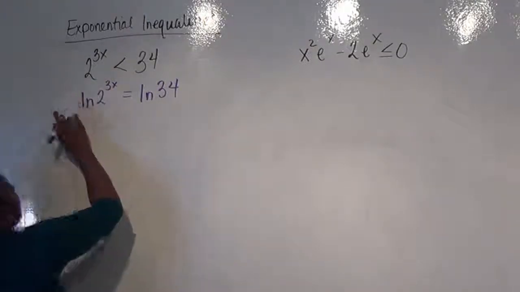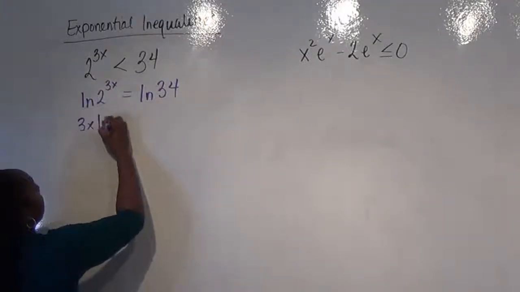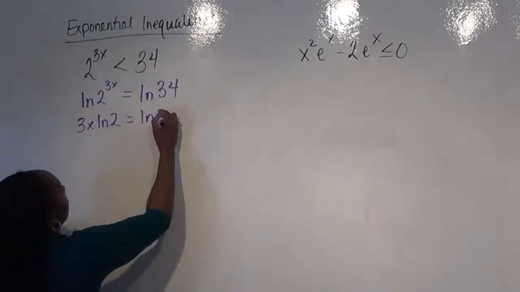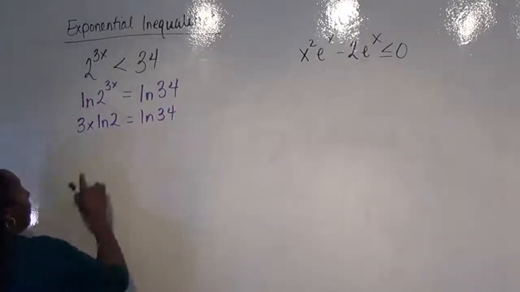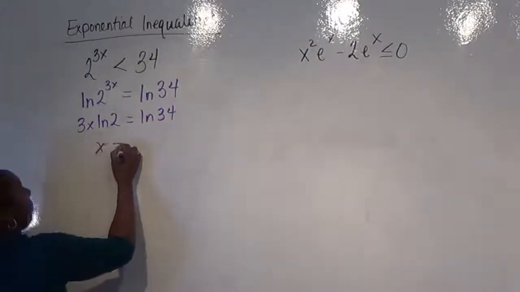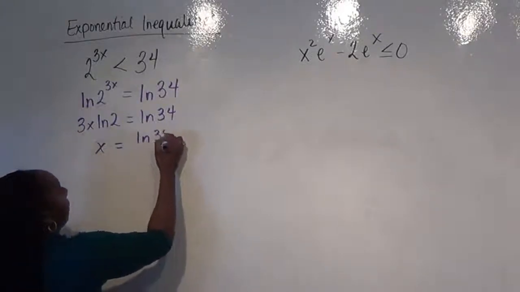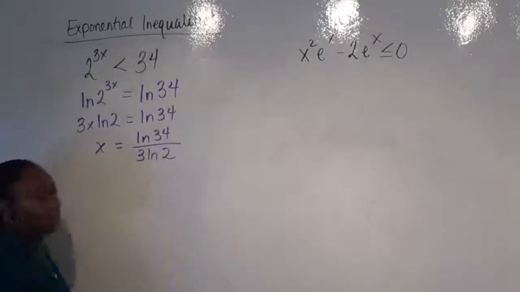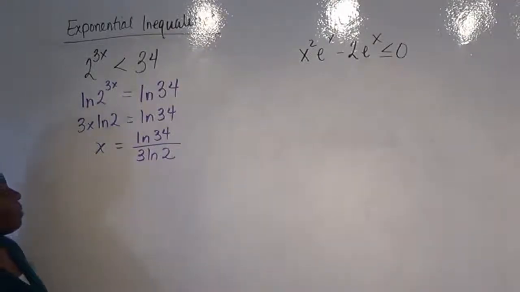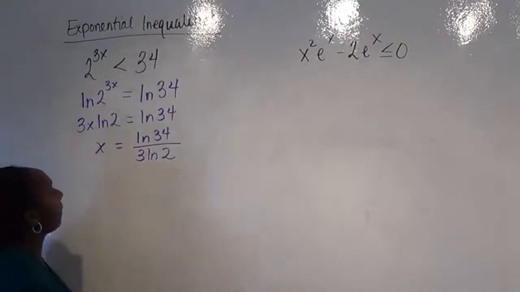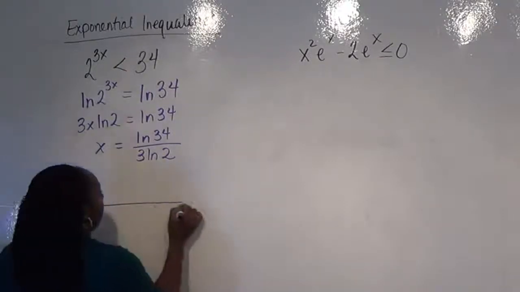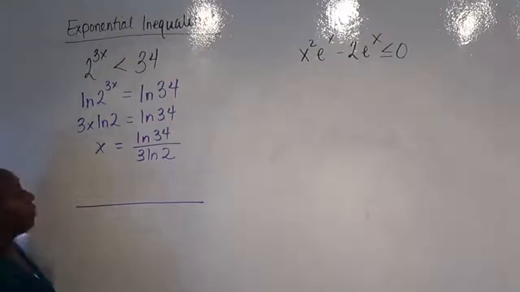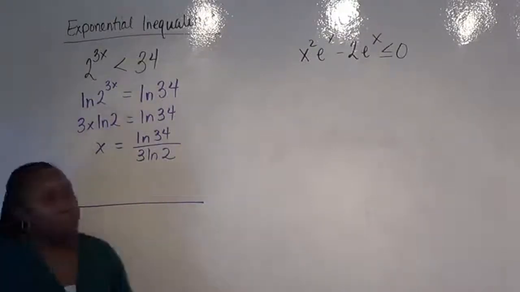Okay, from there I can bring my exponent down and solve for x by dividing out. Okay, so there's my boundary point for the inequality. Now, before I can go further, I need to know approximately where that is on the number line.